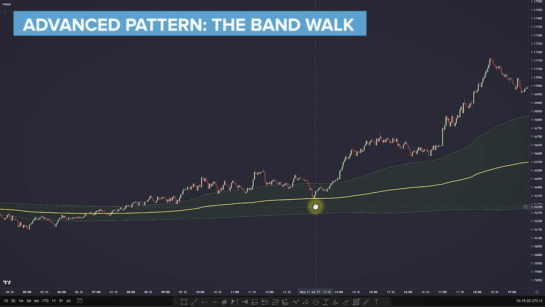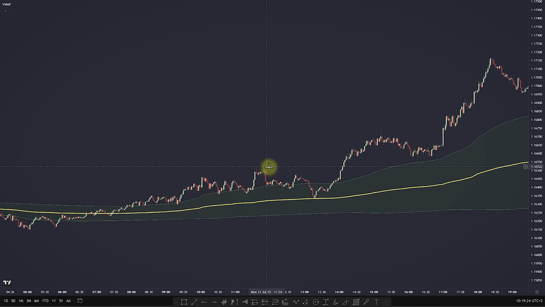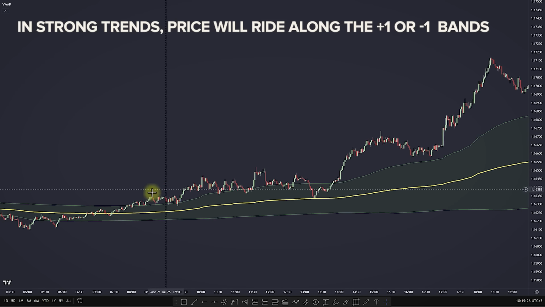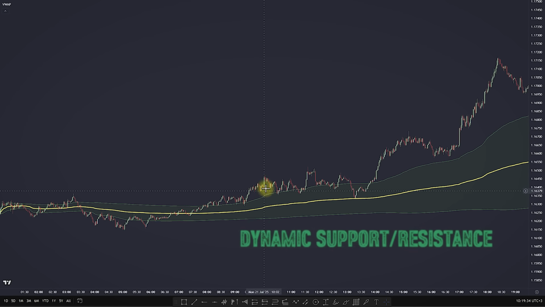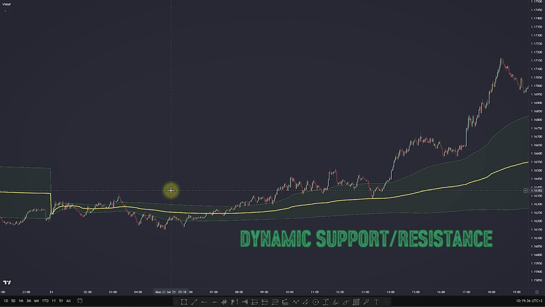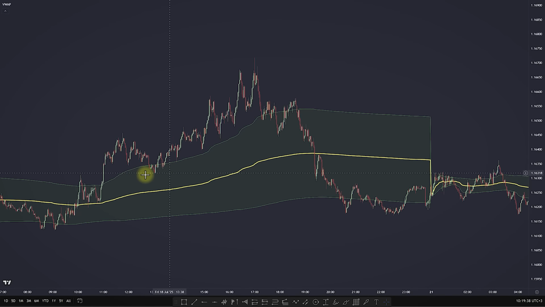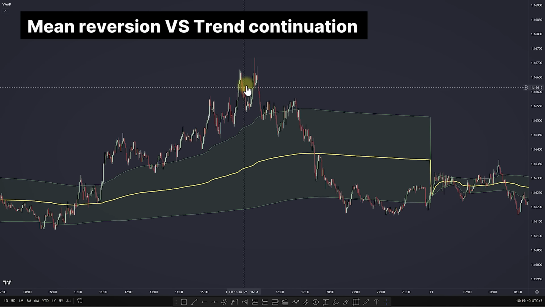Here's a pattern that makes money consistently. The bandwalk. In strong trends, price will ride along the +1 or -1 band. It doesn't return to VWAP. Instead, it uses the band as dynamic support or resistance. This tells you the difference between mean reversion and trend continuation.